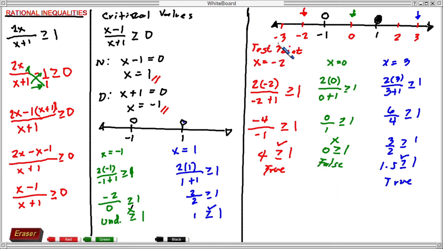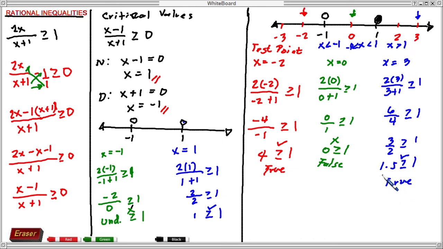So according to this, if x, kung makikita natin dyan, if x is less than negative 1, makakakuha tayo ng true. If our x is between negative 1 and positive 1, we can get false. And if our x is greater than 1, we can have true.